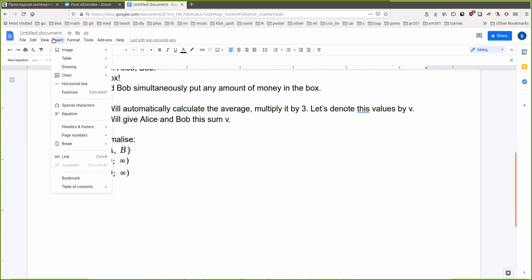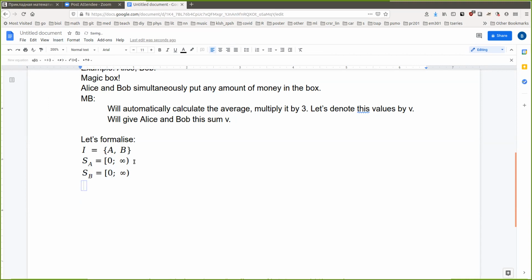So what is the utility function of Alice? The utility function of Alice depends on the amount of money that Alice has put in the box and the amount of money that Bob has put in the box. So what is this utility function? Let's pretend that each unit of money has constant utility.